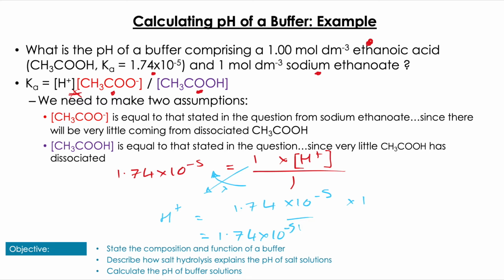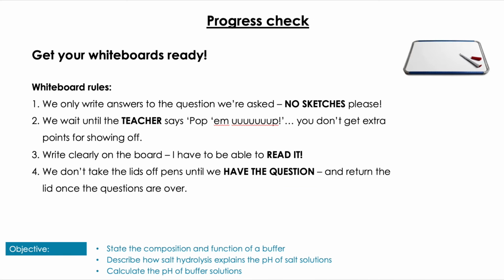And to finish off what the question was asking us, which is the pH, we're just going to take the negative log of the H+ concentration, which was 1.74 times 10 to the minus 5. Once we take the negative log of that, we get a pH of 4.76. So slightly different assumptions in these calculations, but really still using the same equations, still using the same techniques as we were before. So let's get you trying a couple of questions on this then.